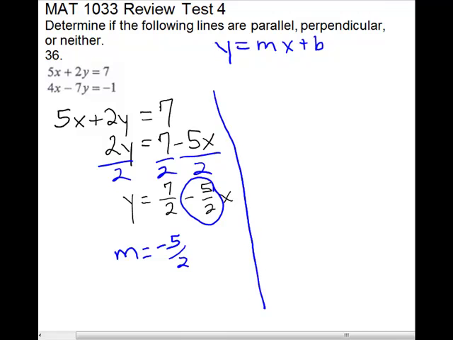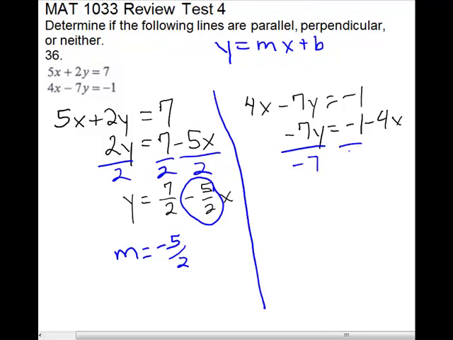Then we will do the other line. So 4x minus 7y equals negative 1. We want to isolate the y. So subtract your 4x. Divide by negative 7. Clean up.